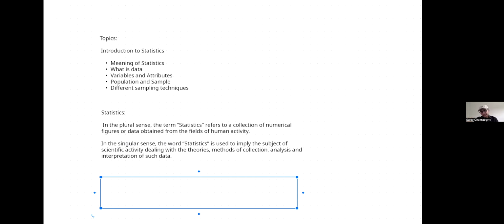Whatever subject we are studying, we are collecting some data on that subject, and then we aggregate all the information, do some analysis on the data, and then do some interpretation and make decisions based on our analysis and interpretation. So a single fact is of no interest to a statistician. It must be an aggregate of facts.